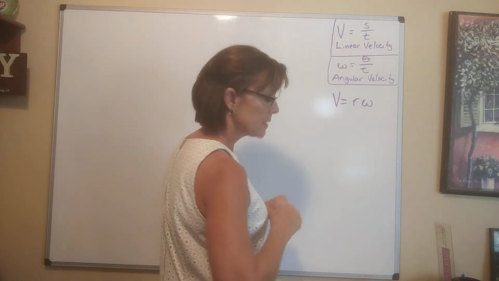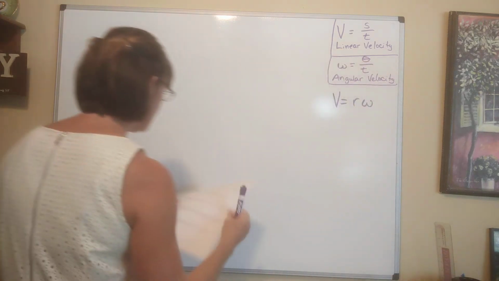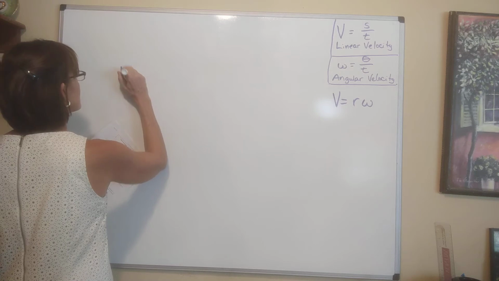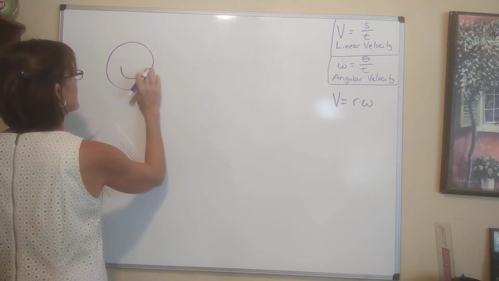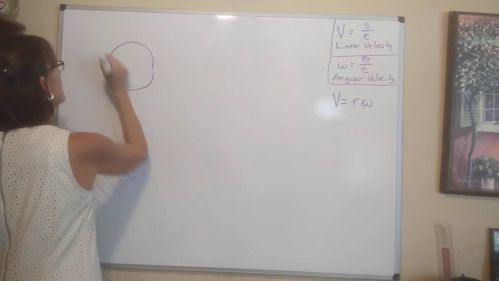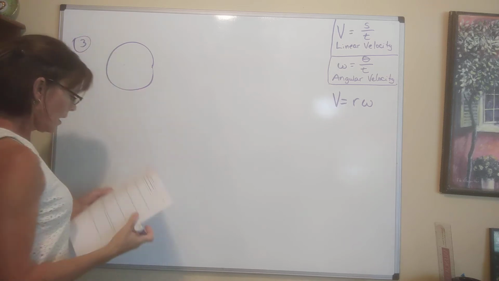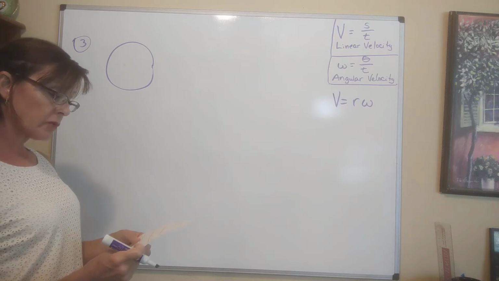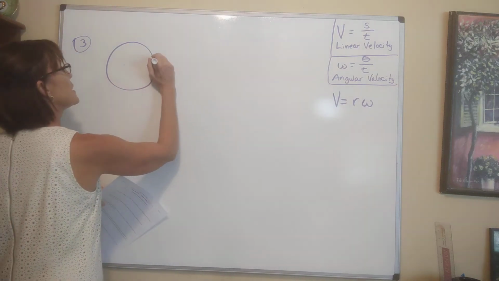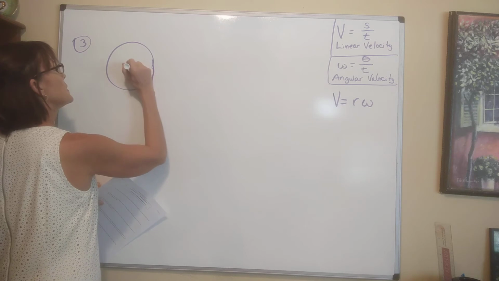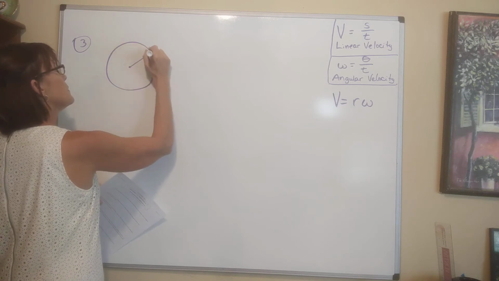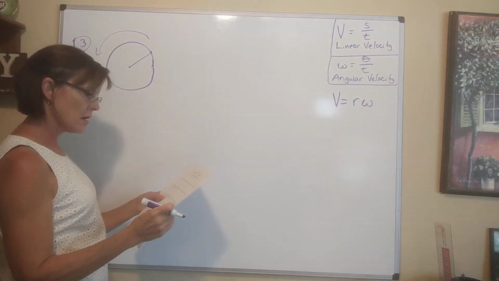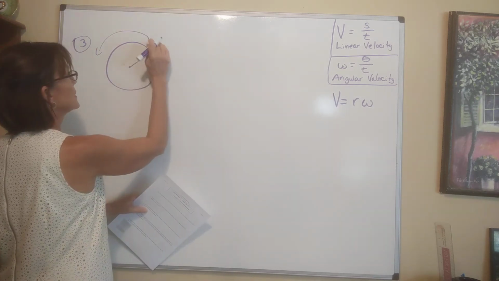Okay, cool. So number 3, if an 8-centimeter diameter drive shaft in a boat is rotating at 350 RPM. So here's my circle, here is a center, it's got some radius, and some point on the end of this, it's rotating at a rate of, oh no, this is the linear speed.